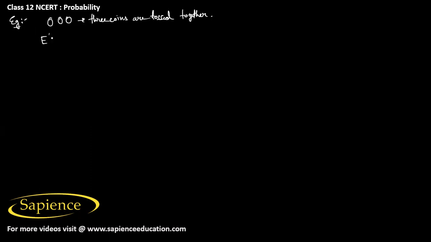One event E is defined as three heads or three tails. We should get all three heads, or all three tails. So the event E is a set which contains the elements HHH and TTT.